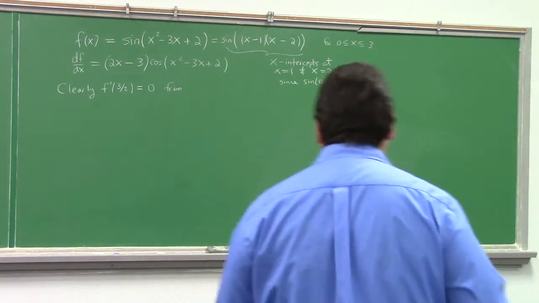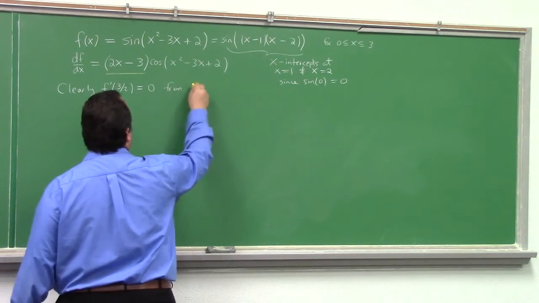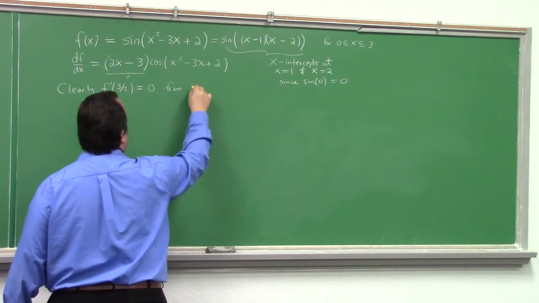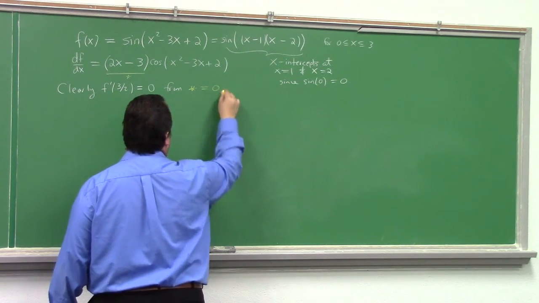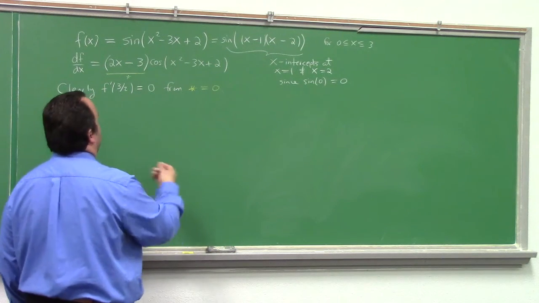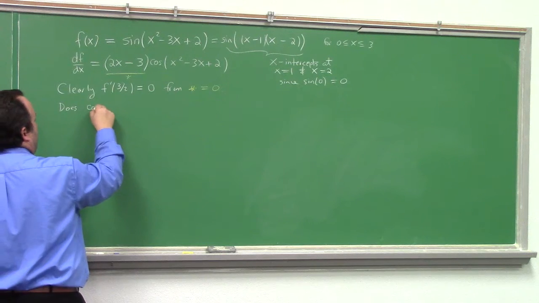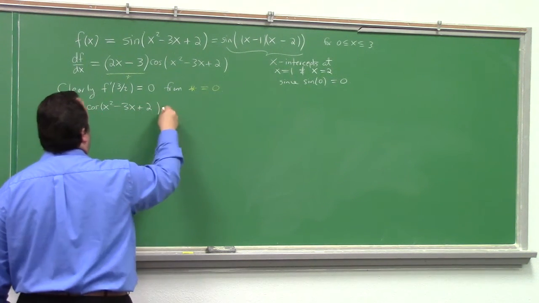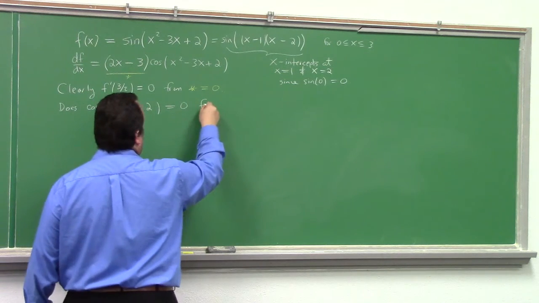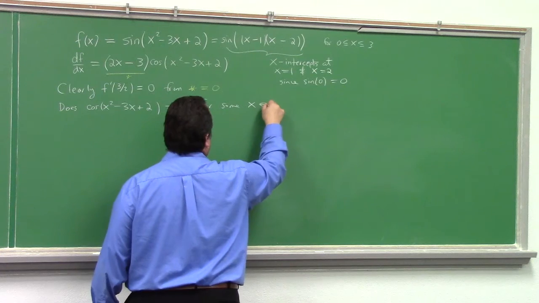So the question is, and this is a kind of tough question, does the cosine of x squared minus 3x plus 2 equal 0 for some x in the interval 0 to 3?